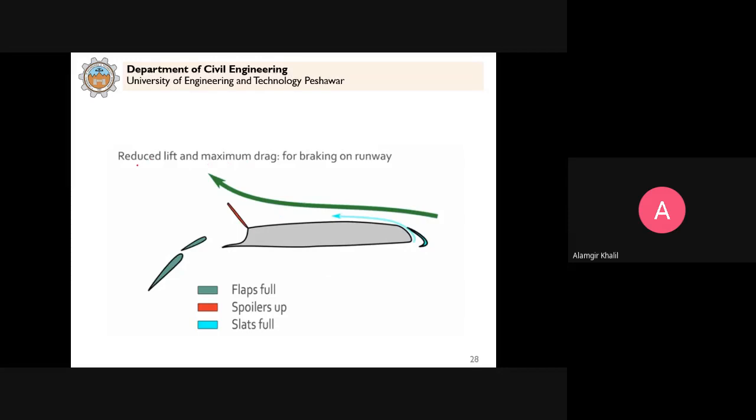And in this case, when the aeroplane is landing, we need maximum drag and reduced lift. So then you can see the spoilers up. Instead of going down, the spoiler is up, so the lift will be reduced. And still you can see the flaps are extended, so the drag force will increase, because we want to reduce the lift during landing and increase the drag so that the aeroplane can stop as soon as possible.